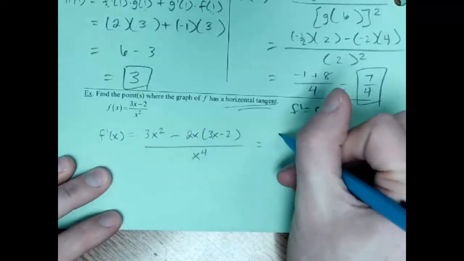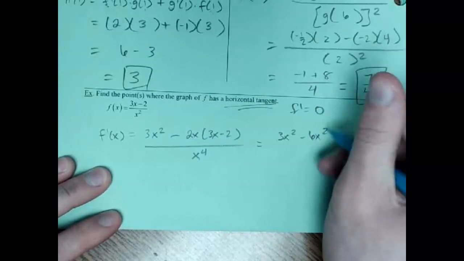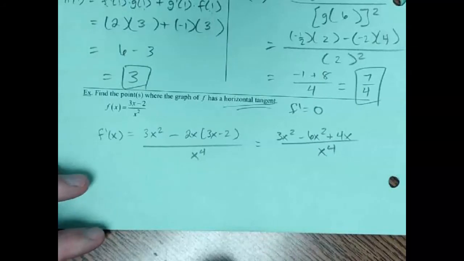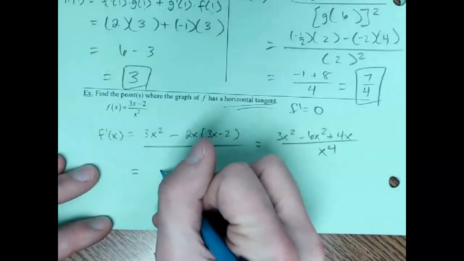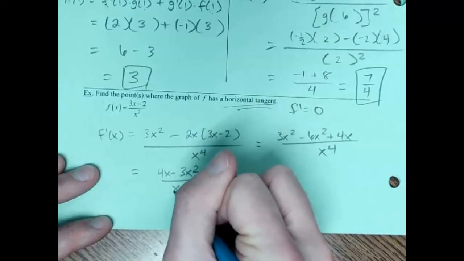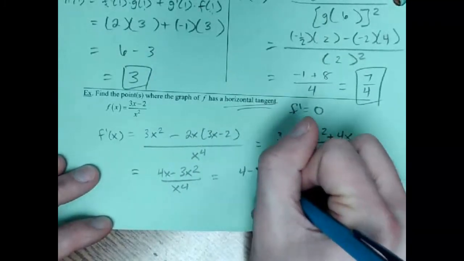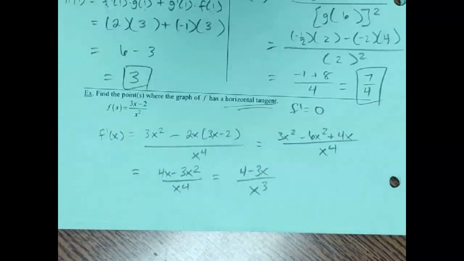I've got 3x squared minus 6x squared plus 4x over x to the 4th. Combine some like terms. How about we just write it as 4x minus 3x squared over x to the 4th. And then you could reduce everything by an x. So I have 4 minus 3x over x cubed. So there's your derivative function in its simplified glory.